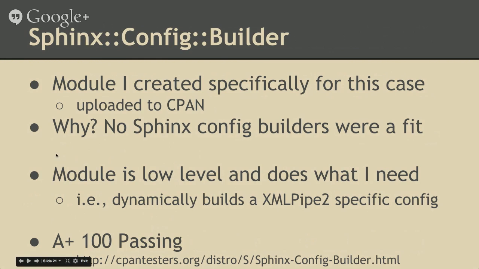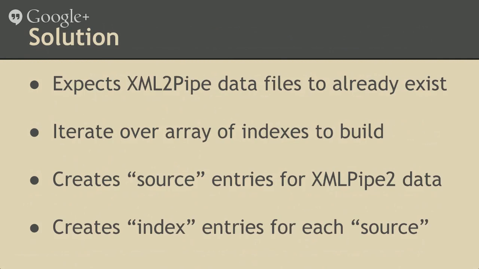It's got all A's on the CPAN testers site. It's all green, which is nice because I packaged it up all nice. I have a unit test and all of that, but I don't know if anybody's using it, but I haven't heard any complaints. At least you passed the test. Yeah.